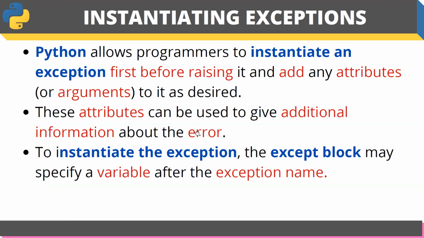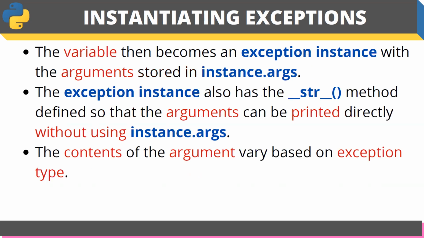And how about instantiating exceptions? Python allows programmers to instantiate an exception first before raising it and add any attributes to it as desired. These attributes can be used to give additional information about the error. To instantiate the exception, the except block may specify a variable after the exception name.